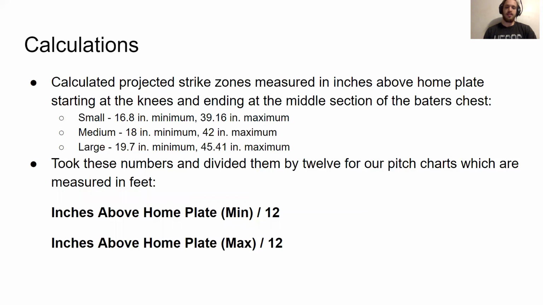We found the small batters group to be 16.8 inches minimum above the ground and 39.16 inches maximum above the ground, medium being 18 minimum and 42 maximum, and large 19.7 minimum and 45.41 maximum. In order to use these for our pitch charts, we took the numbers and divided them by 12, both the min and max.